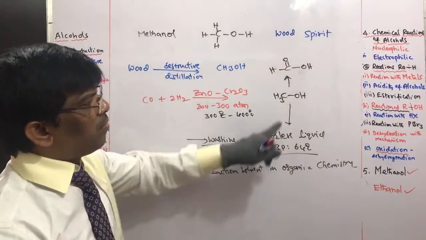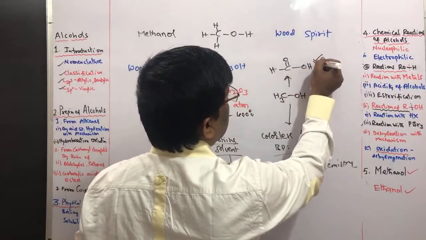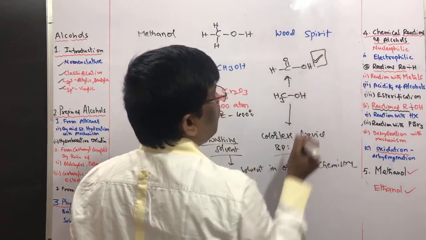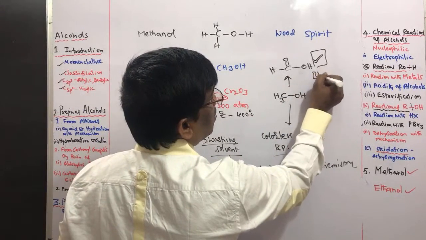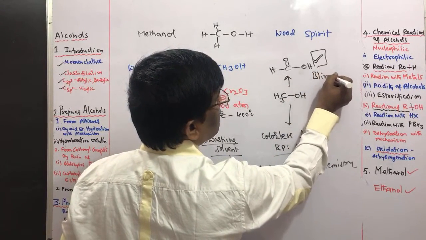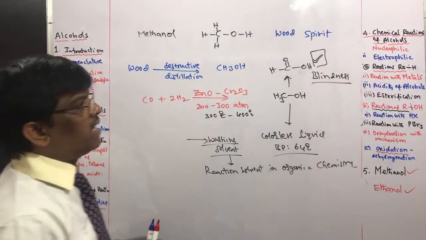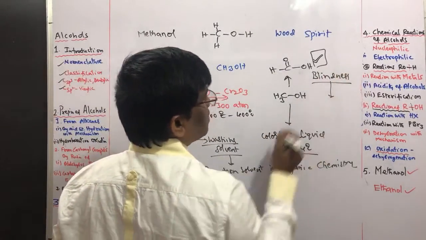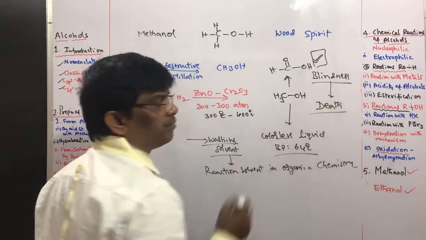This formic acid is highly poisonous and results in blindness, and sometimes if excess methanol is taken, it may even lead to death.